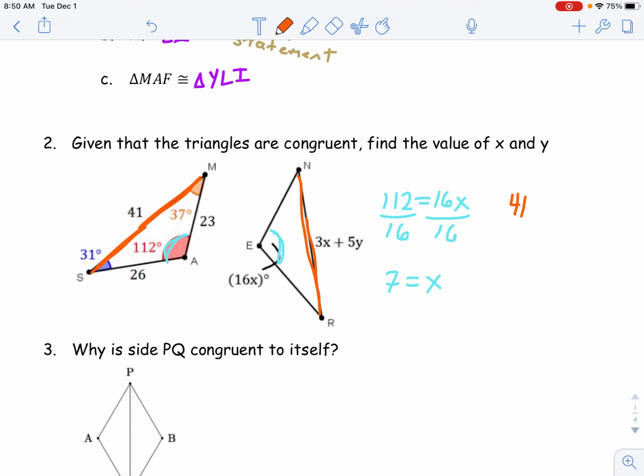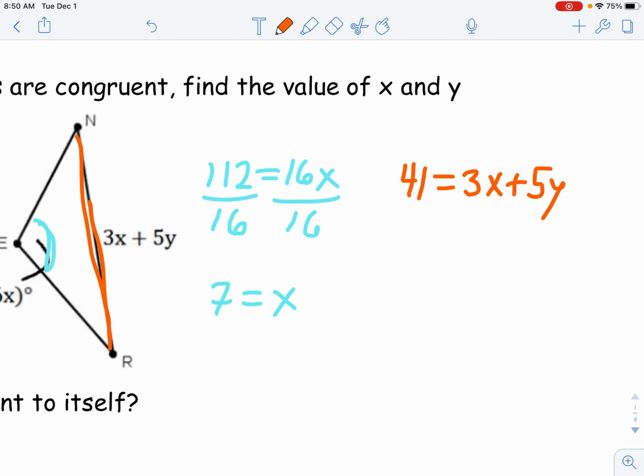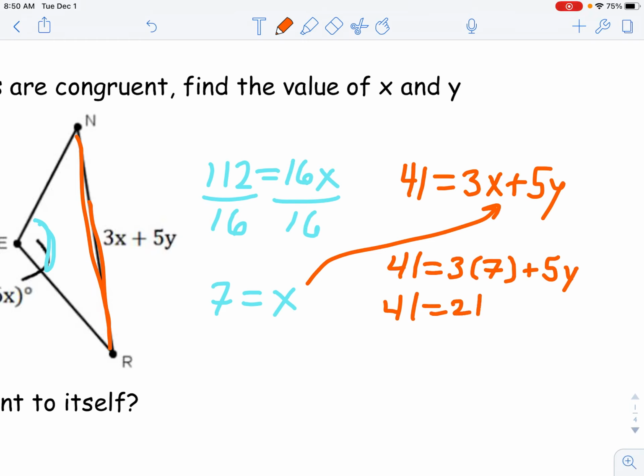MS and NR, well, 41 equals 3x plus 5y. It's impossible to solve for two variables at a time, but since I know x, I'm just going to plug it in. Substitute in x for 7. Once I do this, I'm in incredibly good shape, because 3 times 7 is 21.